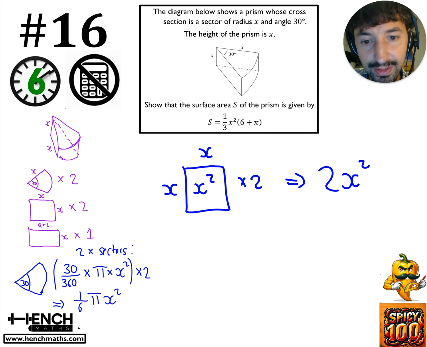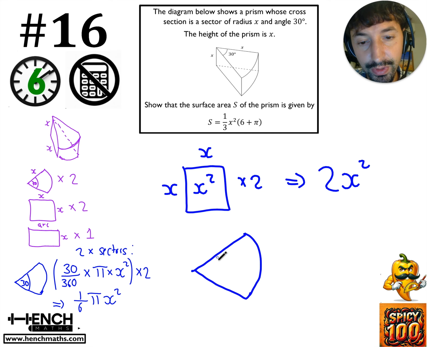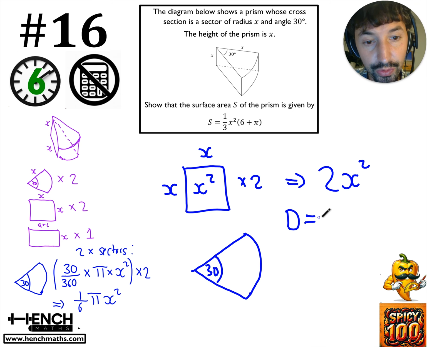Now if we consider the curved rectangle, I know curved rectangle doesn't make sense, so the rectangle that is created with the arc of the sector. So if we consider the arc, we know that this is 30 degrees. The formula for the circumference is 2 pi r. So that's the circumference of a whole circle.